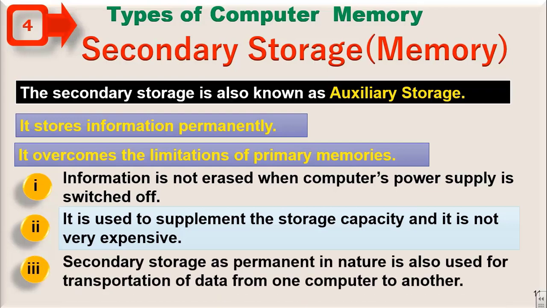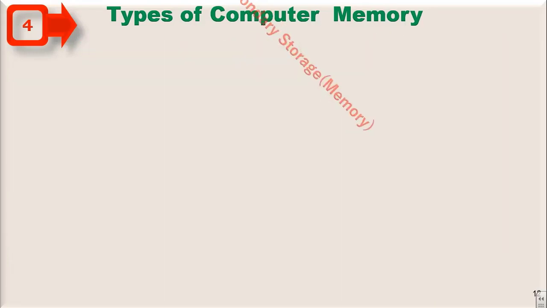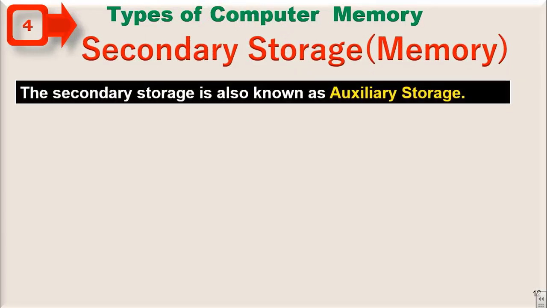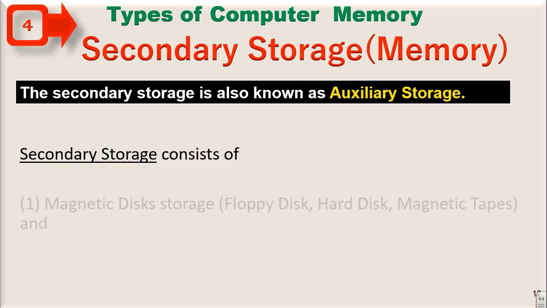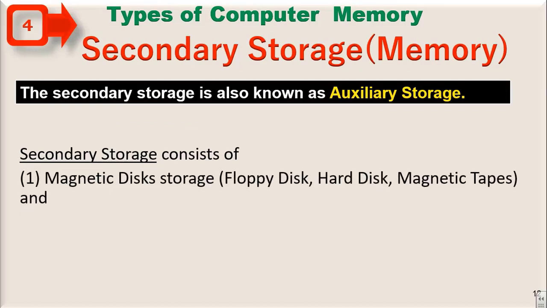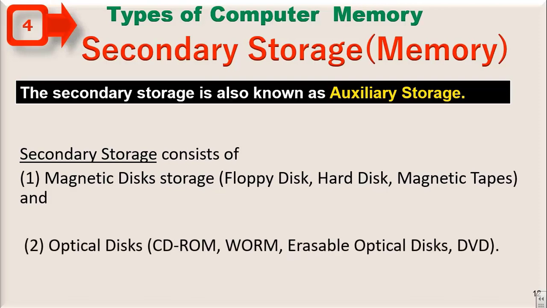Secondary storage, as it is permanent in nature, is also used for transportation of data from one computer to another. Secondary storage consists of magnetic disk storage, that is floppy disk, hard disk, magnetic tapes, and optical disk, that is CD-ROM, WORM, write once read many, erasable optical disk, and DVDs.